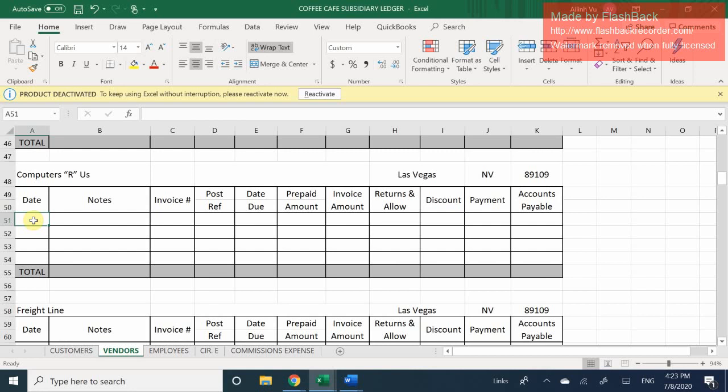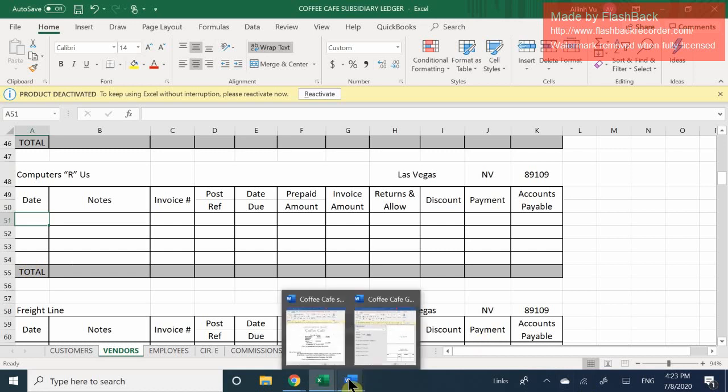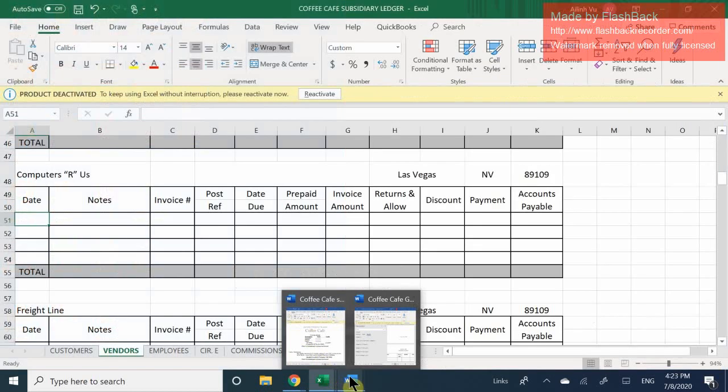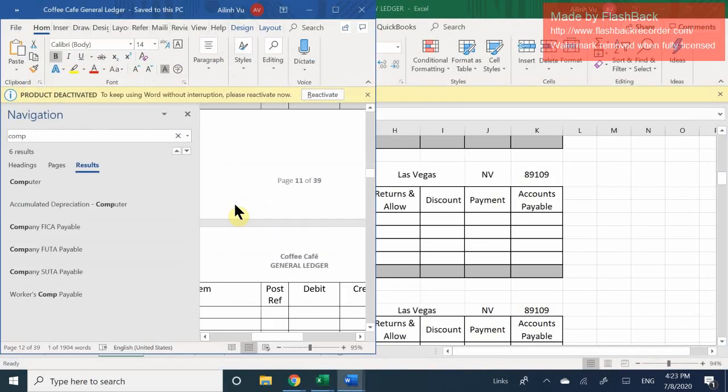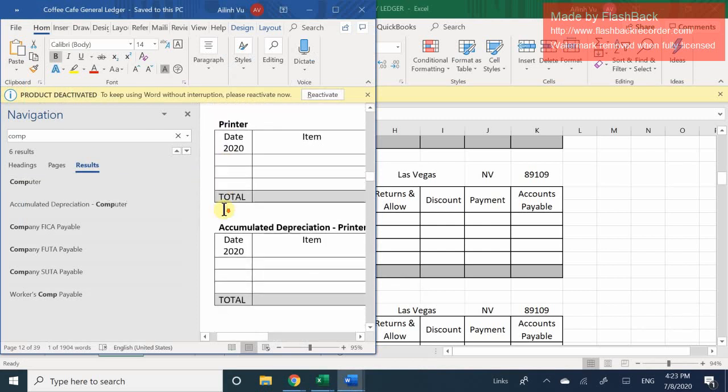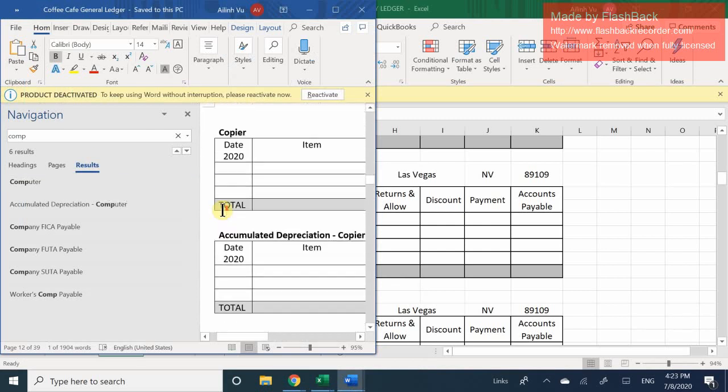What part are you on? I'm still on page 13. So you're finishing up copier right now? Yeah, I just finished that.